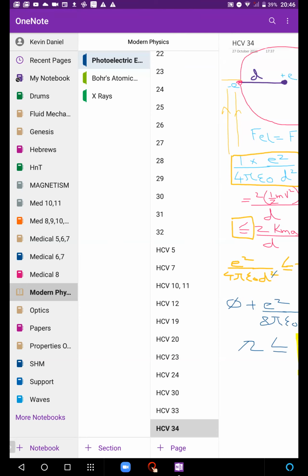Decay of current in a CR circuit is similar to it.